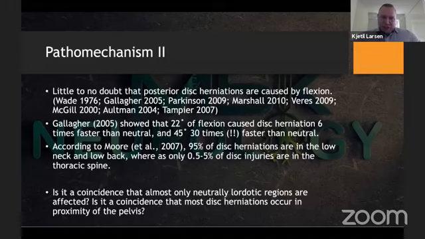Gallagher actually showed that with 22 degrees of flexion, the disc herniated 6 times faster than in a neutral loaded angle, and 30 times faster at a 45-degree loading angle. So that shows that disc pathology progresses much more rapidly if we are loading it at a certain angle.